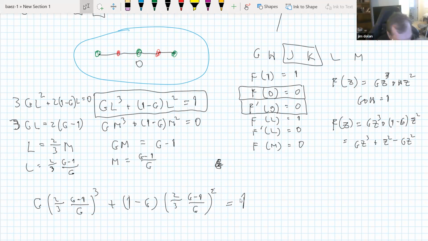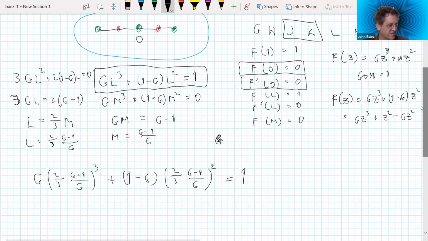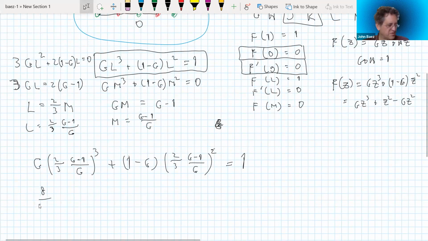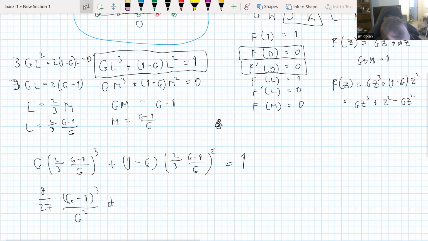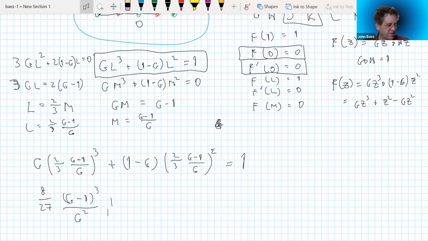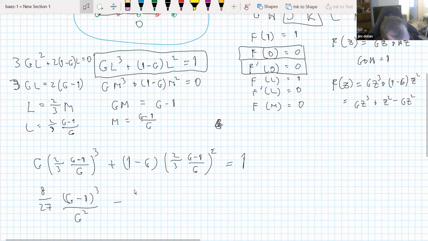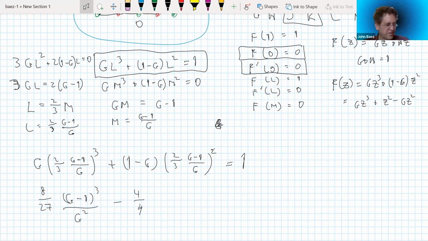We get 8/27 times G, the quantity G minus 1 cubed over G squared, minus 4/9 times G minus 1 cubed on top over G squared on the bottom.